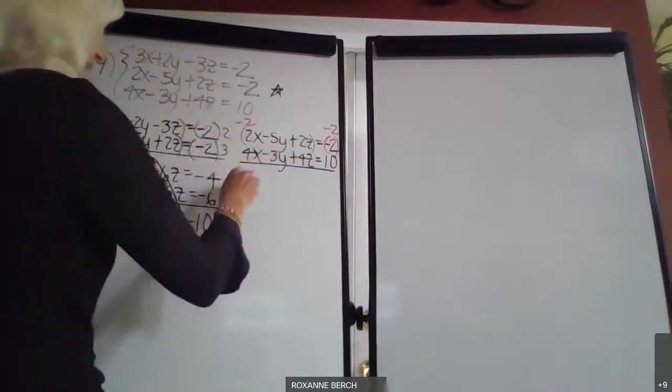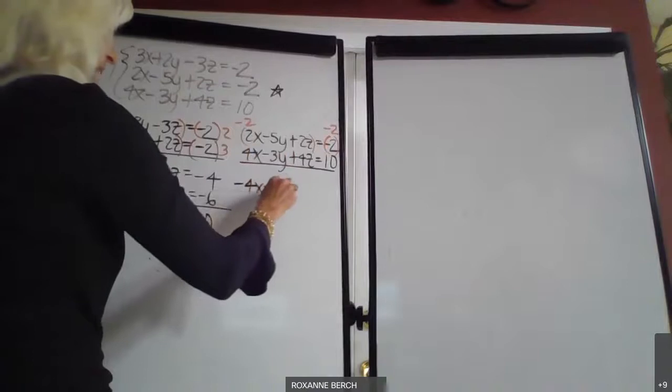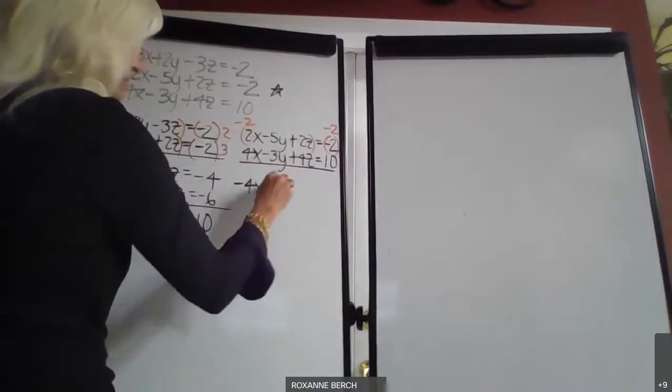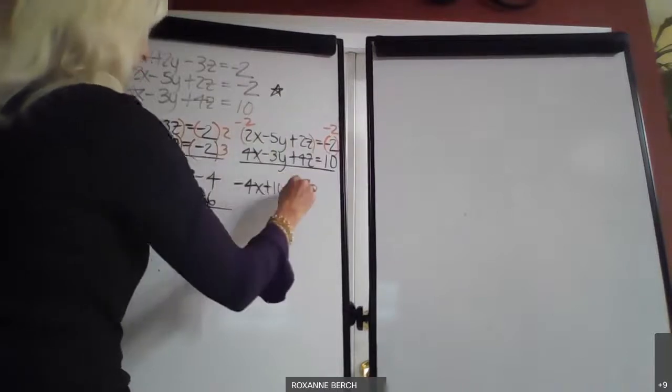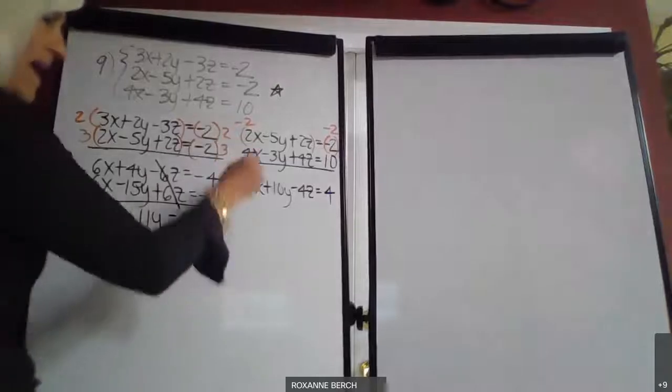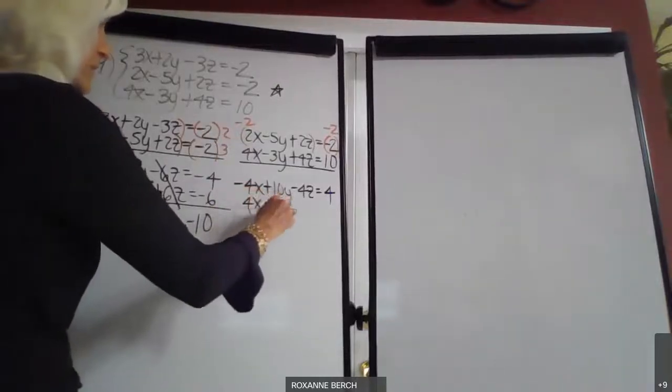So we get -4x plus 10y minus 4z equals a positive 4, and on the bottom, leave it alone.